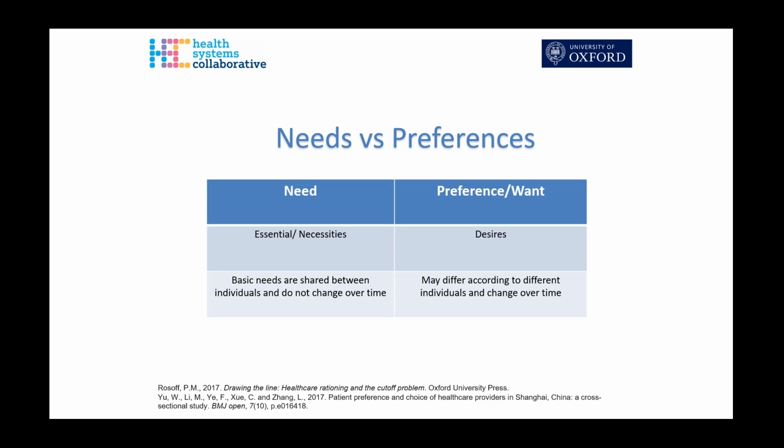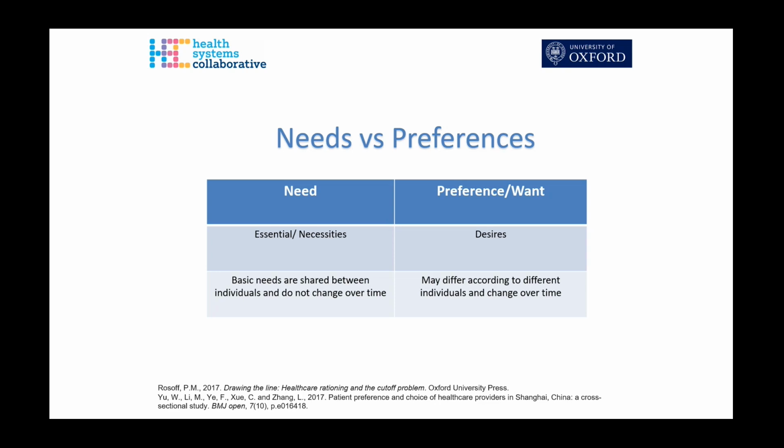Another way to think about it is by considering that the basic needs are shared between individuals and do not change over time, but preferences, on the other hand, may differ between individuals and change over time.